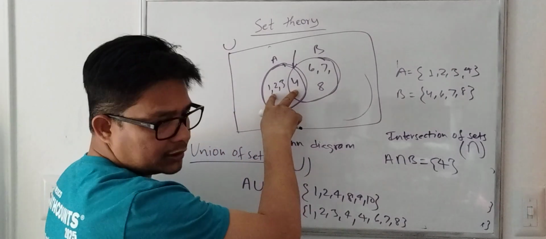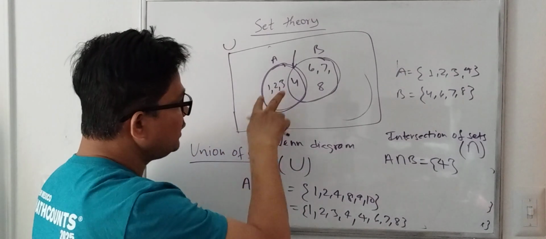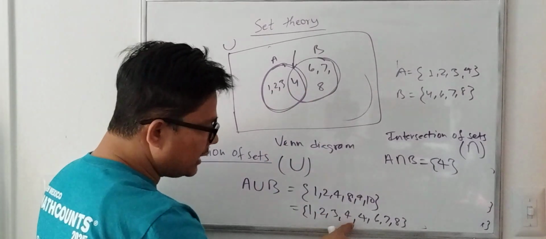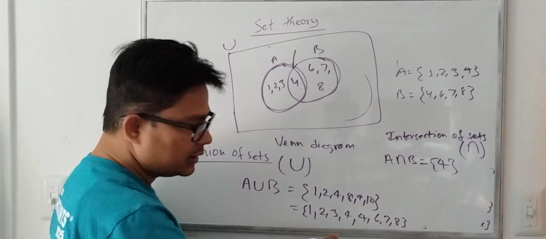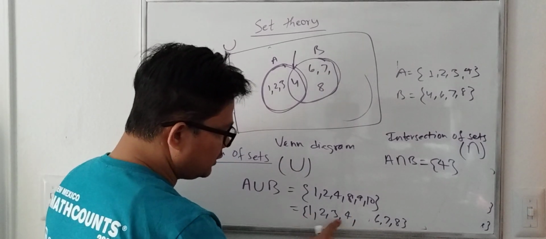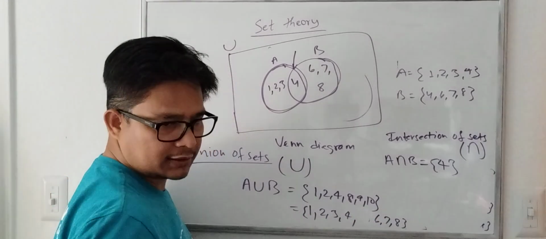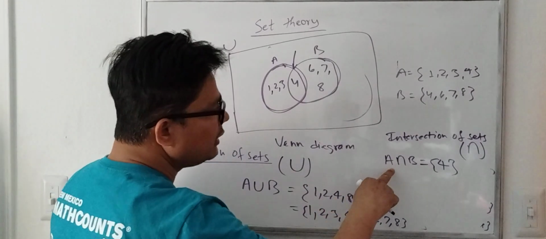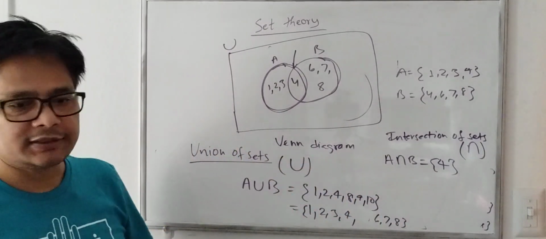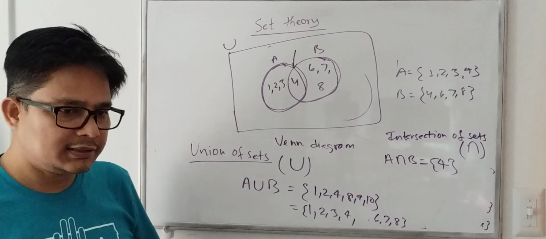When you take the union, you take all the elements from A and all the elements from B, but the condition is, if there is some common element, write it once. So I will remove the repeated 4. I will have just 1, 2, 3, 4, 6, 7, 8. And the common element between two sets is called the intersection.